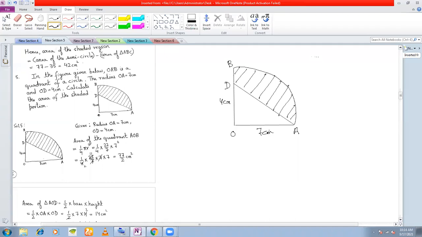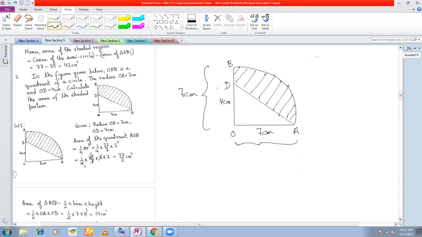Now let's read the problem. In the figure given below, OAB is a quadrant of a circle. So you can see the quadrant OAB, right? The radius OA is equal to 7 centimeter. Radius of the quadrant is this. Also, radius of the quadrant is also this, right? This is also 7 centimeters.